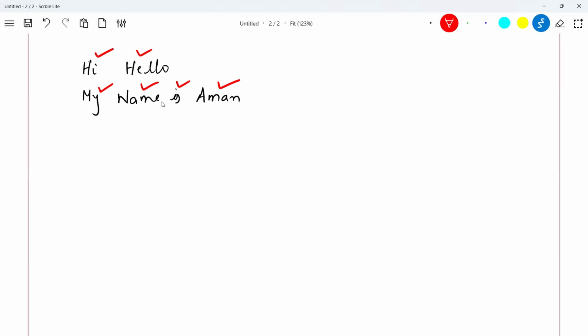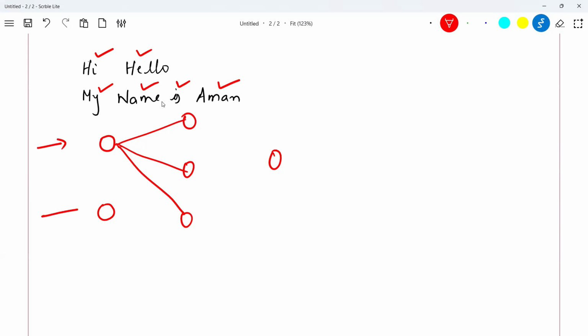And when you send data into a deep neural network, suppose this is how you are sending data. What you are going to do is create batches of data. You need to understand how a neural network is working internally.